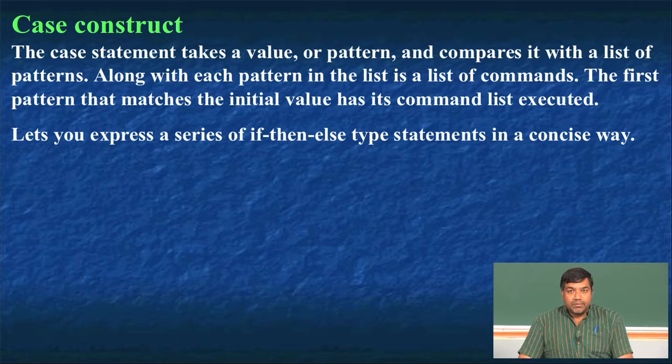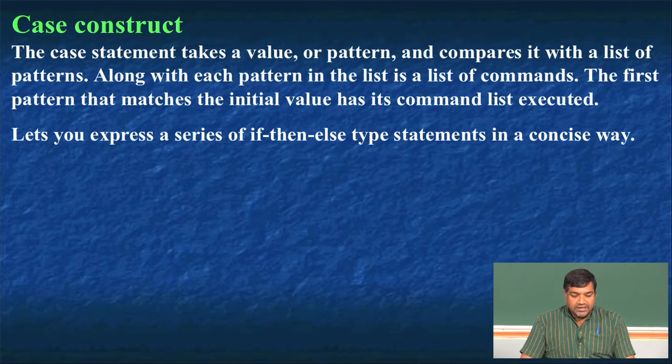Now, sometimes it can so happen that an if elif statement becomes pretty complex. That means choosing one path out of multiple paths can be coded in a very complex fashion. In order to ease that problem, the shell allows you to have something known as a case construct.